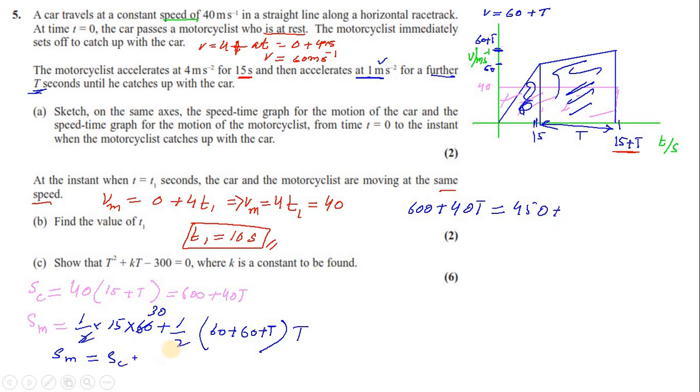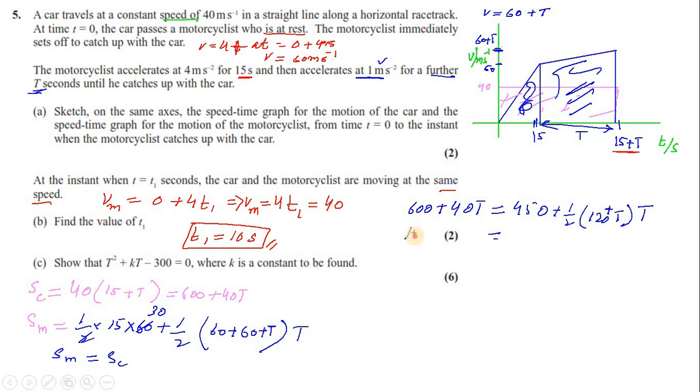plus half of 120 plus t into t, and then you can do 450 minus 600, so it is minus 150.